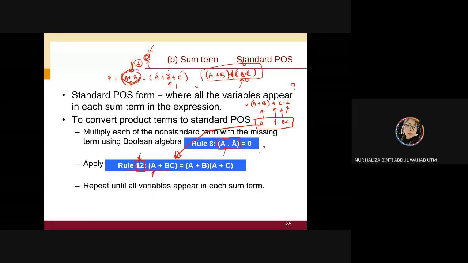So that's why I said to you, sometimes we can get confused about which rule I need to apply. If you know already, normally like this, I can apply rule number 12. It's an easy one.